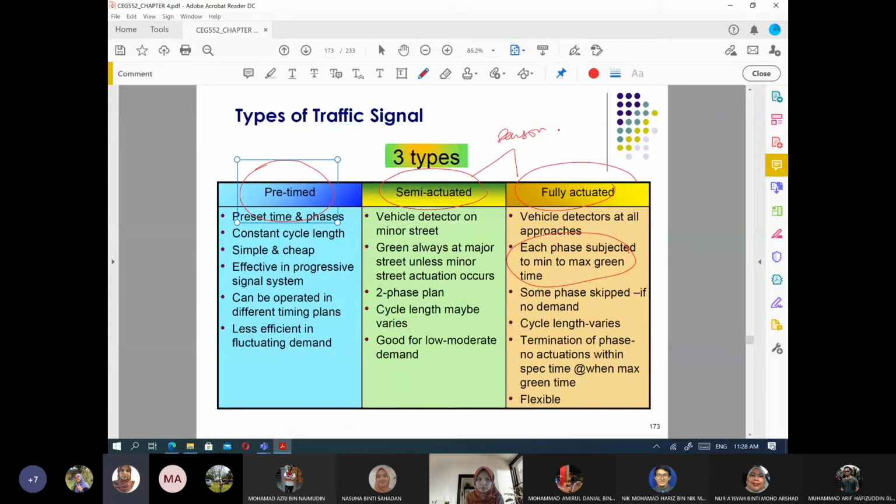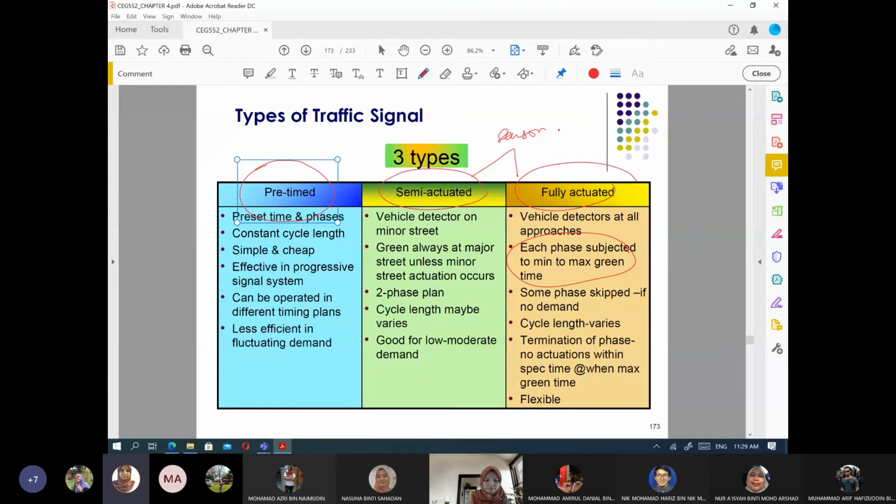If not, they don't have any breakage in the flow kalau you tak buat maximum green time. Since you are putting detectors on all approaches, each approach you must have your maximum green time, so that after it reaches the maximum green time, katalah 180 saat, they straight away will terminate the flow, dia bagi jalan dekat orang lain lah.